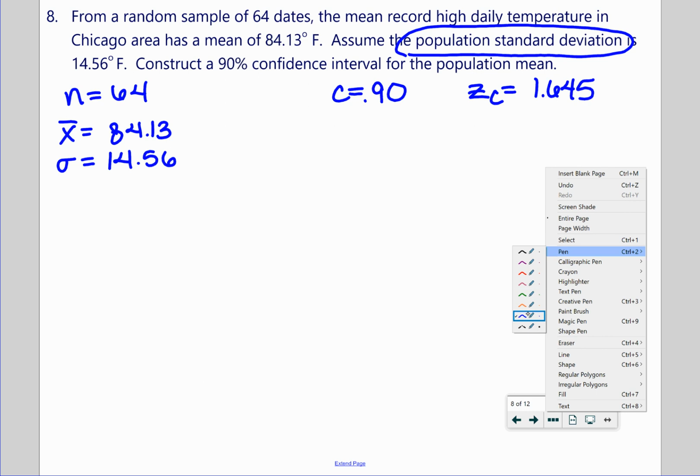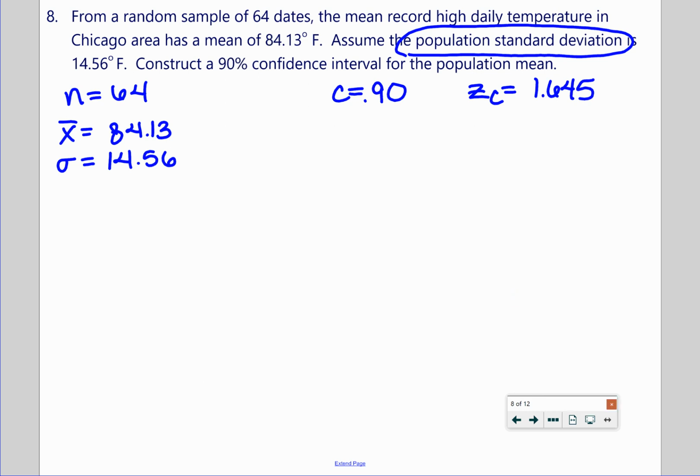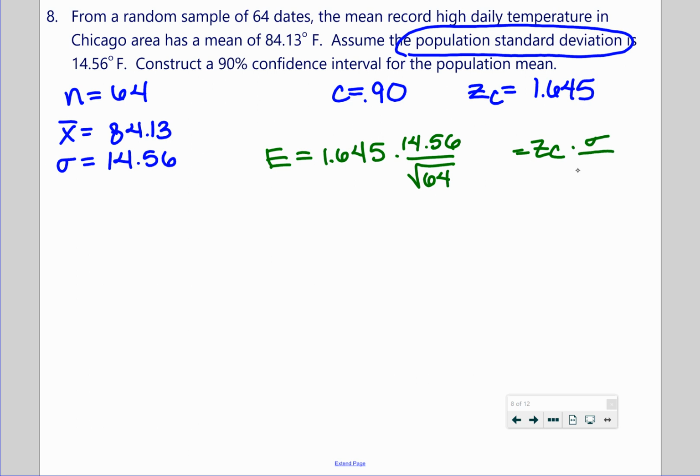All right. So we have the sample mean. The next thing we need is our margin of error, our E formula. We're going to take our critical value, 1.645, and then we're going to multiply that by the standard deviation, 14.56, divided by the square root of n. So you can write that out if you want to. It's the critical value of Z times standard deviation divided by square root of n.